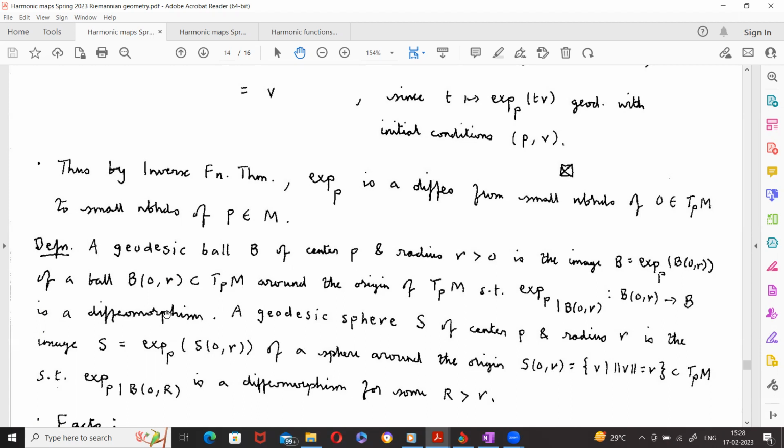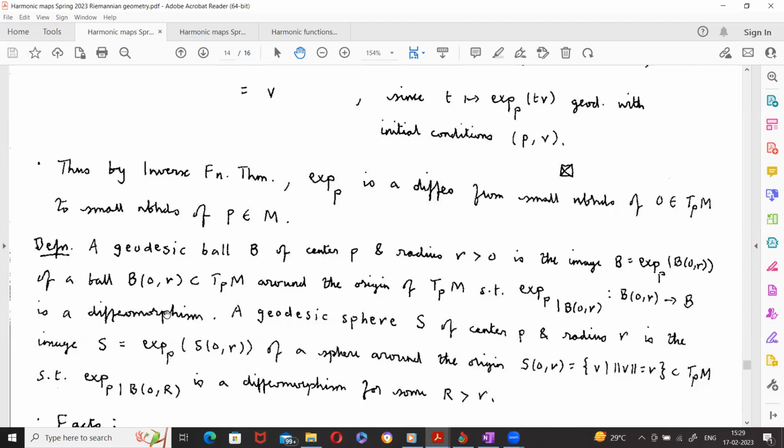So a geodesic ball around P is just the image under the exponential of a ball around the origin in the tangent space, such that the exponential map restricted to that ball is a diffeomorphism. Okay.